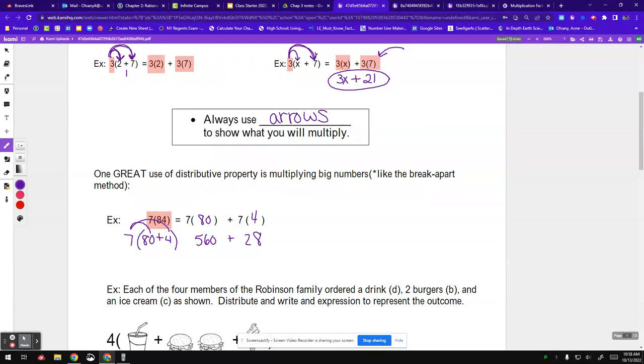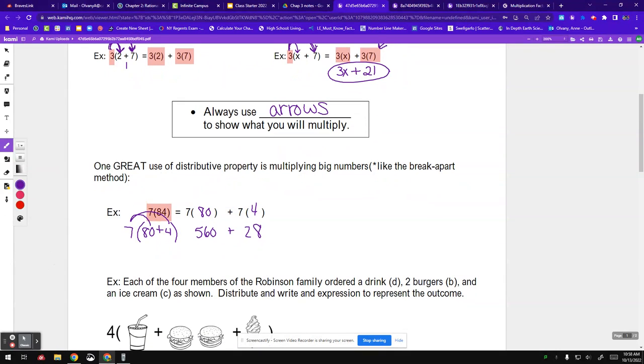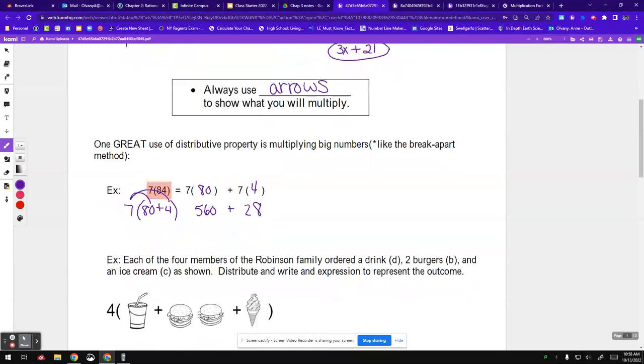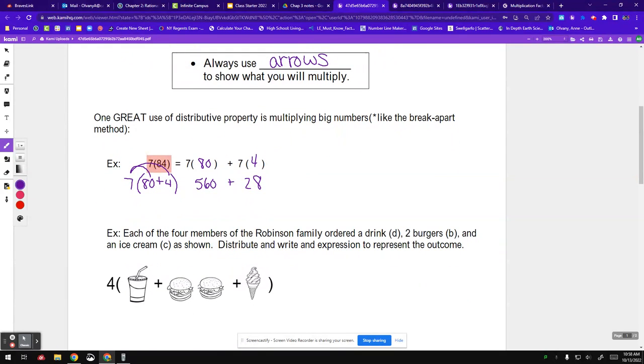It's just easier to break it out that way instead of in your brain trying to figure out, sorry, I'm coughing, carrying and all that stuff. So 60, 70, 80, 90 minus 2. This is 588. All right.